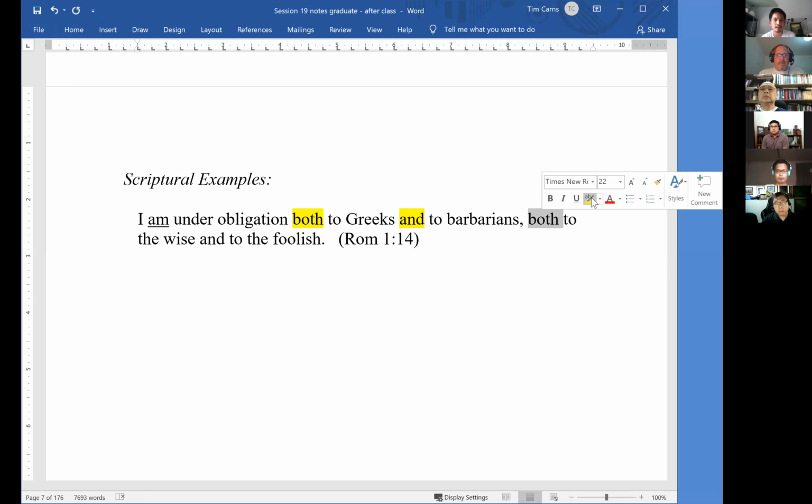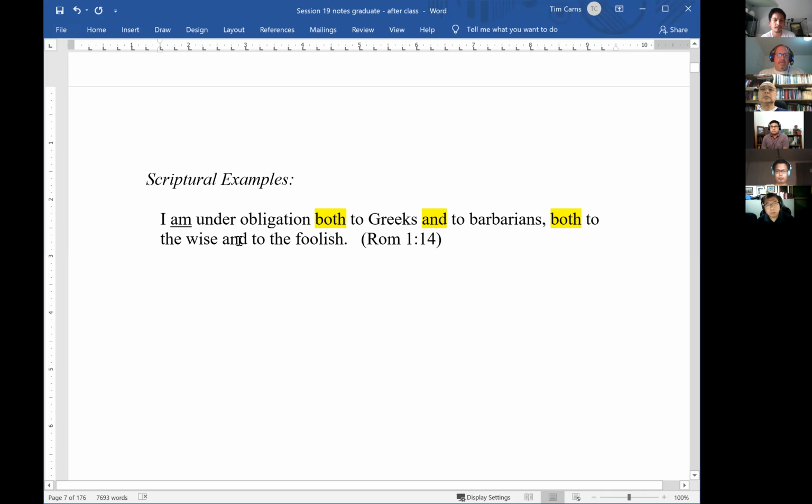There you go. So those are again called correlative. So they come together, both and. They're not treated separately, like both is not its own conjunction. It's coupled with and. So you could think of it as a husband and wife together. So both and, together they have a conjunction type of role.